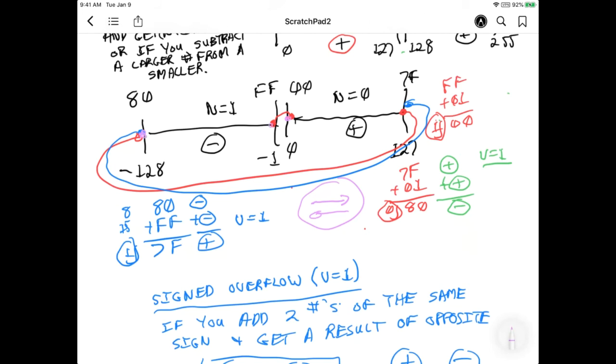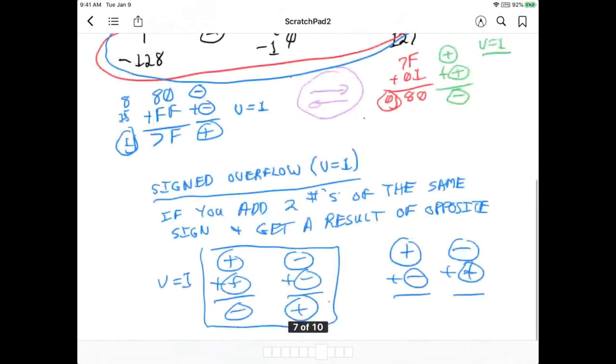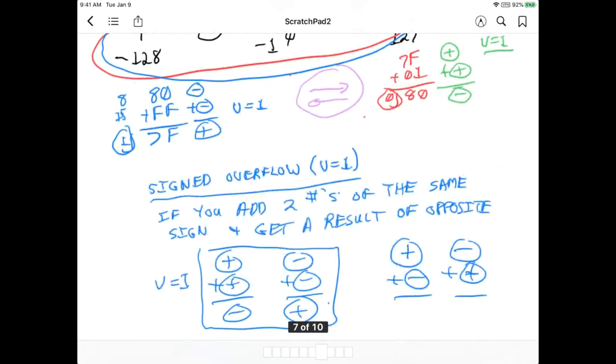If you start off with any number, and if you add numbers of opposite sign, they cancel out. So there's no way to add a positive to a negative, or a negative to a positive, and get V equals 1. So let's go back here for a second. So what this means is for these situations here, let me just point out again, this purple line around it here, V equals 0, which means no signed overflow for any numbers that are added that are of opposite sign.